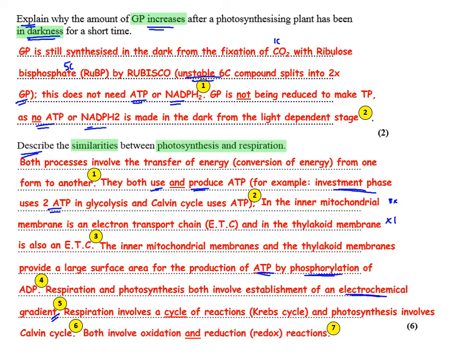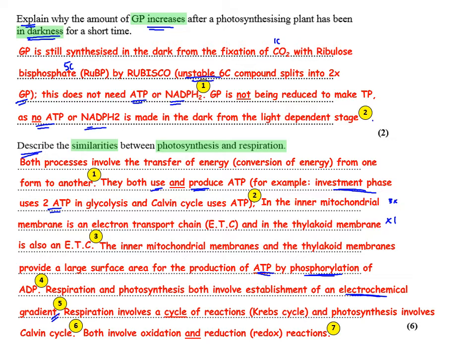Now, another similarity we could talk about is that we know coenzymes are involved, and we know coenzymes such as NAD or FAD in respiration, or NADP, if we're talking about photosynthesis, become reduced when they bind hydrogen, and we know hydrogen contains electrons.